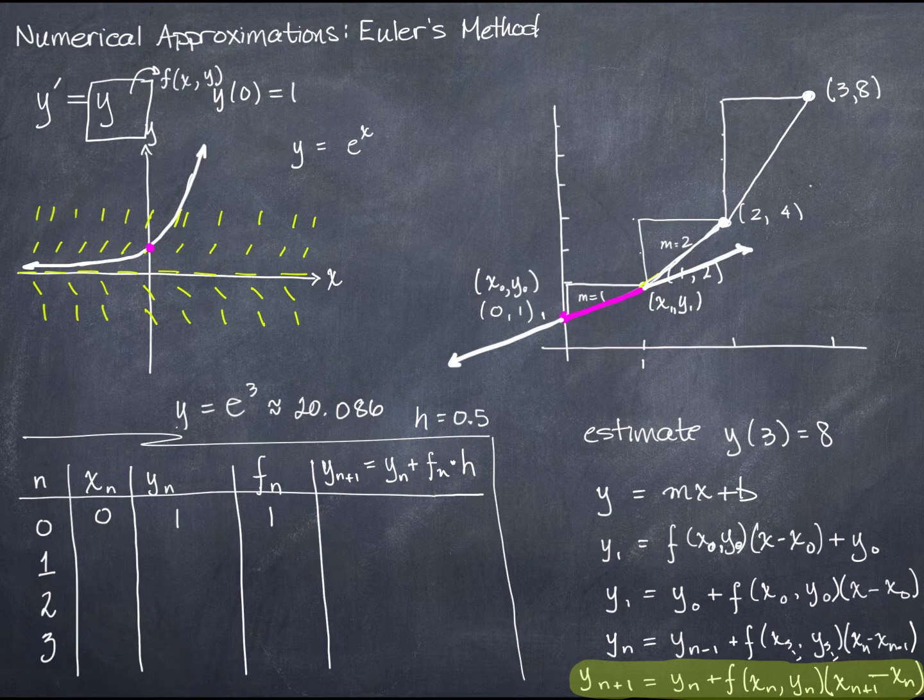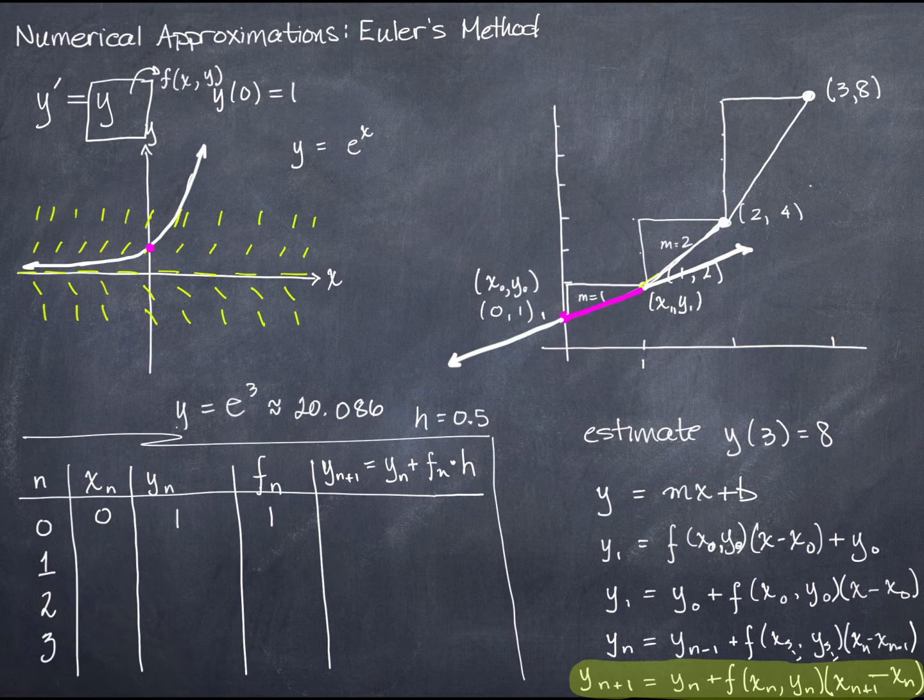Okay, so I'm actually going to need to do more than just 3 computations as well, but maybe I'll just compare after 3 and we'll see what happens. So now I know my n value is 0. I'm on my 0th computation, my 0th iteration. I was given 0 and 1 for x naught and y naught. I know my slope from my equation here, and I'm going to plug all of these things into my formula. So I've got y sub n, which is 1, plus my slope at my 0th iteration, which is 1, times h, which is 0.5.